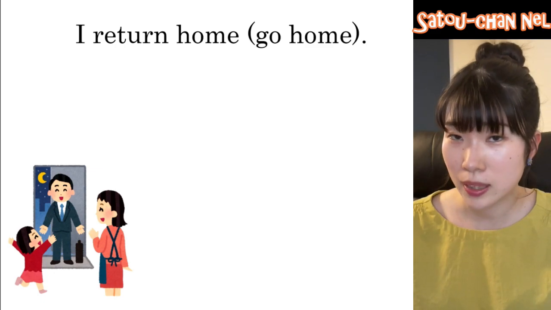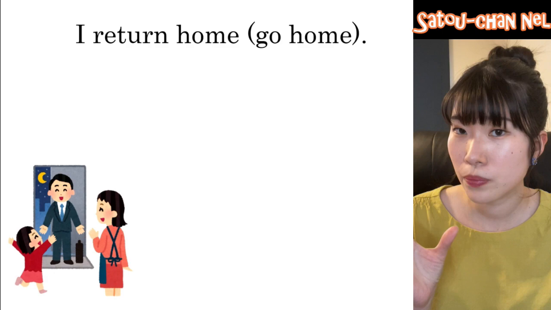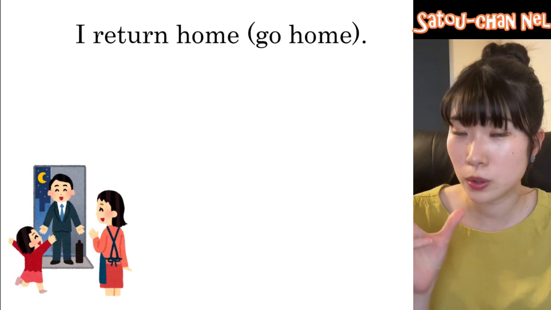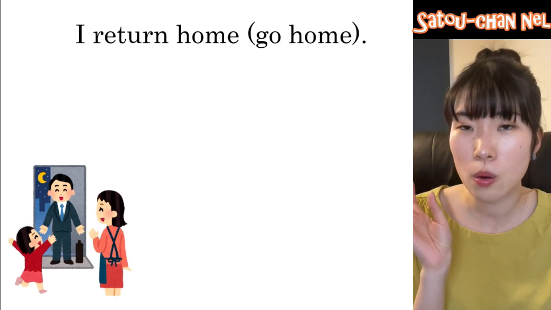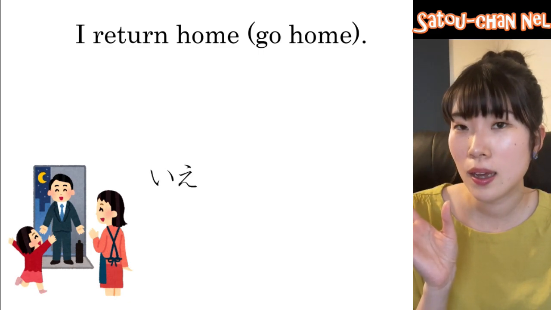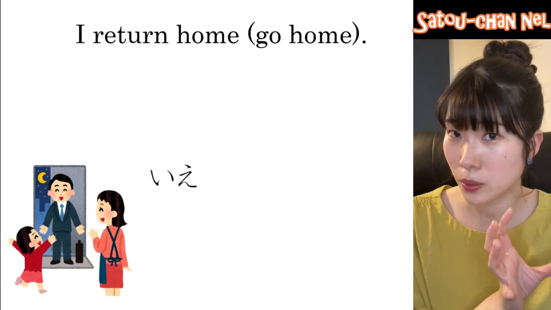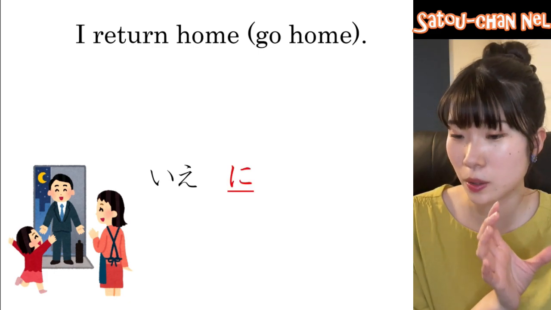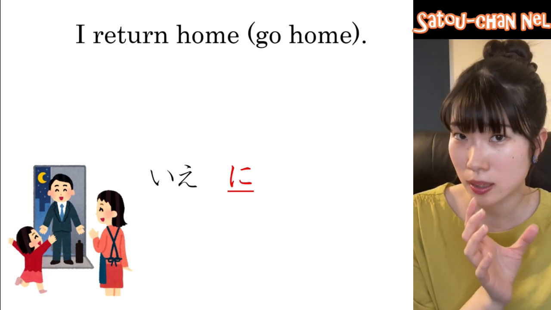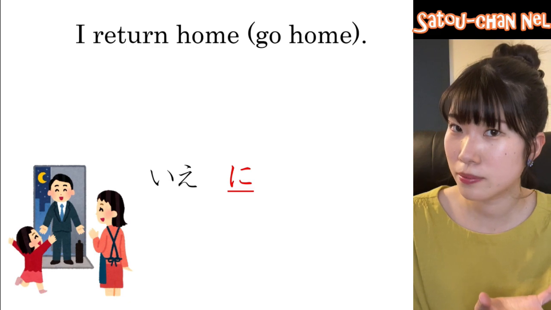Now let's make a sentence. I return home. The goal is home. You are going back to home. Home is 家, and then the particle which indicates the goal. So 家に, and then the verb return.